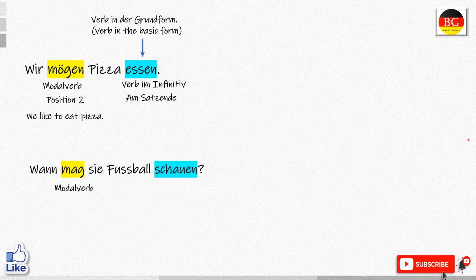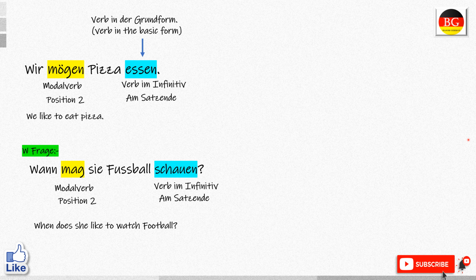When does she like to watch football? The modal verb comes in position two and the main verb in infinitive form comes at the end of a question. As this question starts with a Wh-word, this is a Wh-Frage.